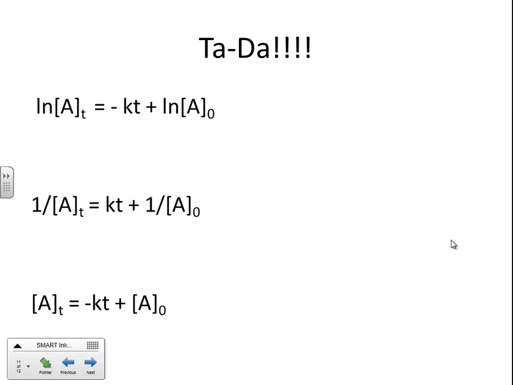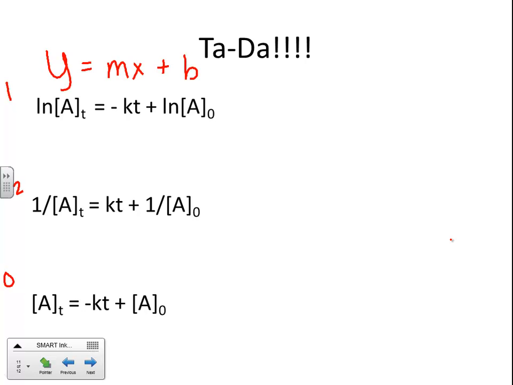If you look at all three of these equations written in this format, first order, second order, and zero order, you can see that they all generally follow the format of y equals mx plus b.